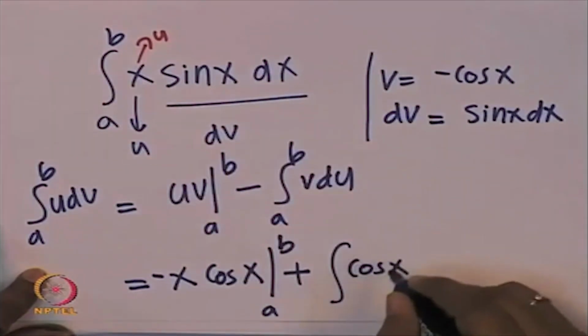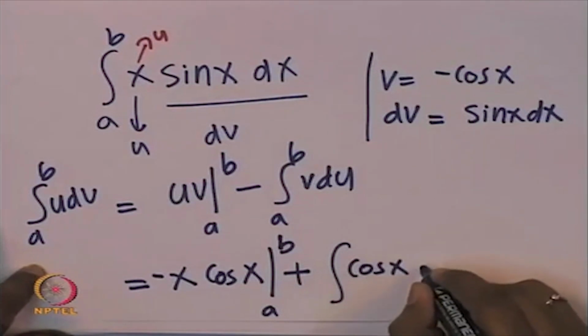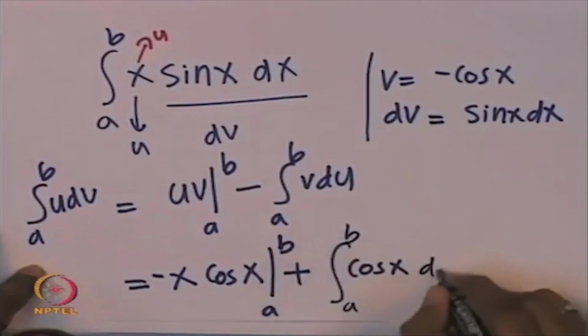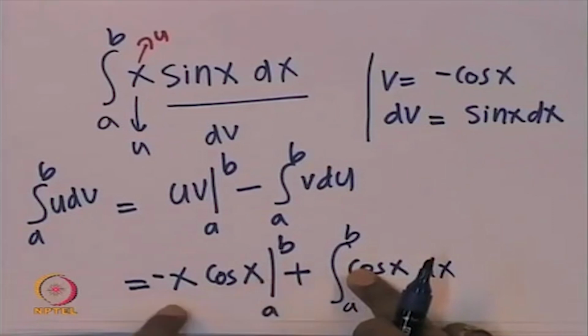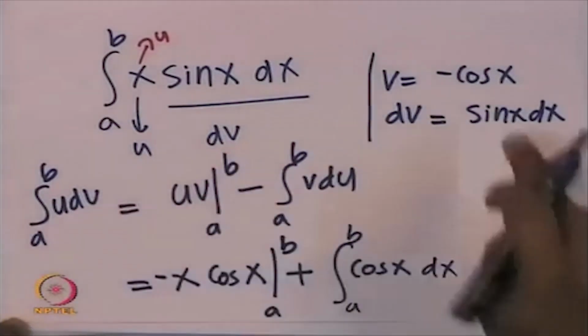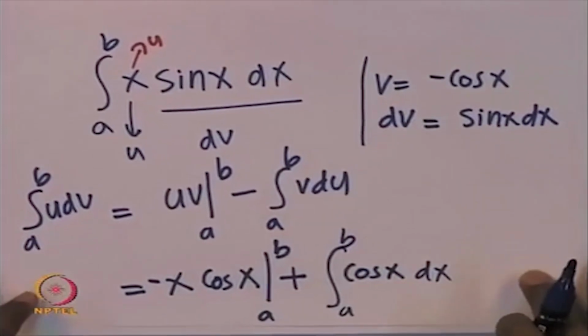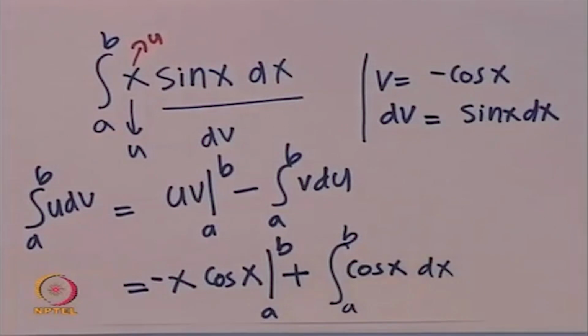So, this is nothing but the integral of cos x dx from a to b, whose answer we already know. So, this integral can be easily done. This is the trick of doing this integral, and you can use this particular idea, which we will use in the coming lectures.